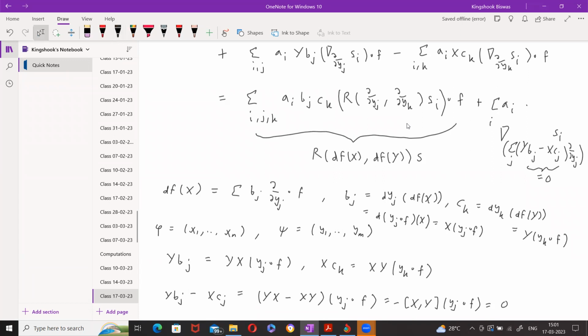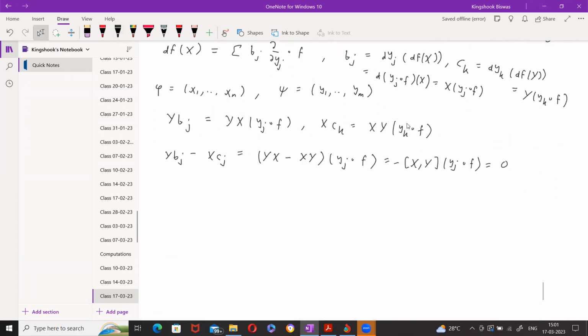So we get the formula for the pullback connection. Thus, r bar of xy acting on s is r of dfx, dfy acting on s, where r is the curvature of E.